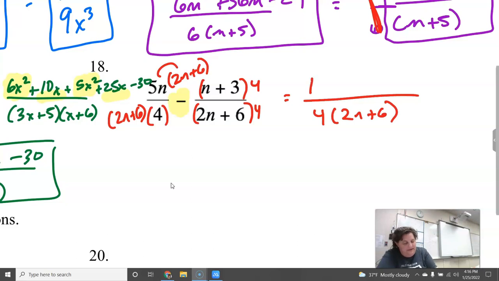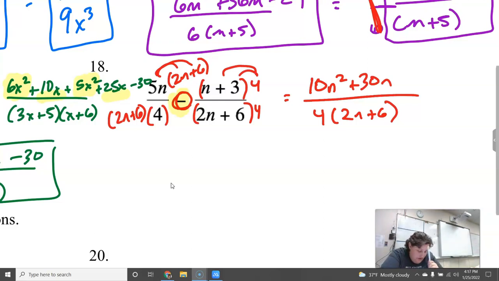On the top, I get 10n squared plus 30n. And then I got to distribute the 4, but be careful because I got to distribute the negative also. So if I have to distribute a negative and a 4, let me do them at the same time. That's going to be minus 4n minus 12.